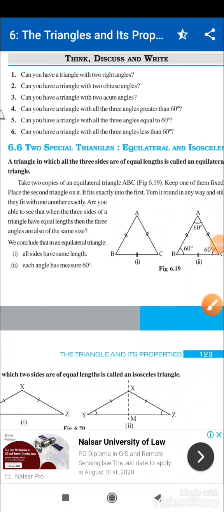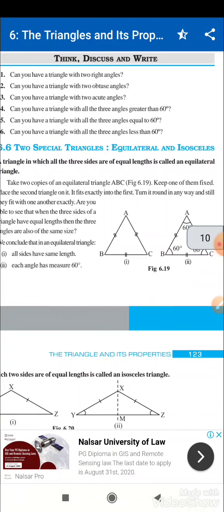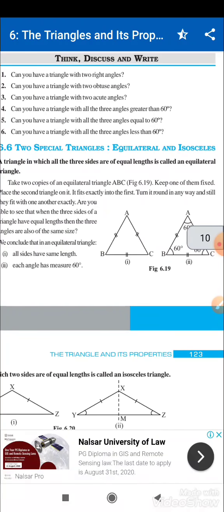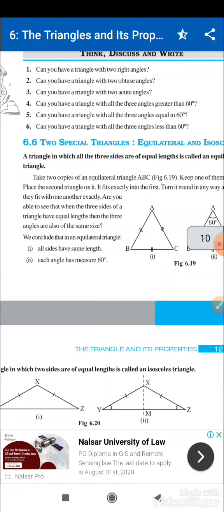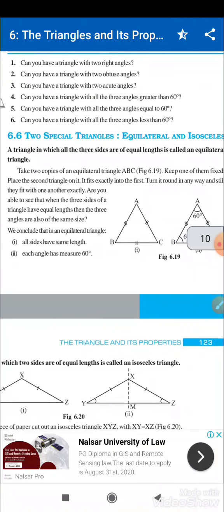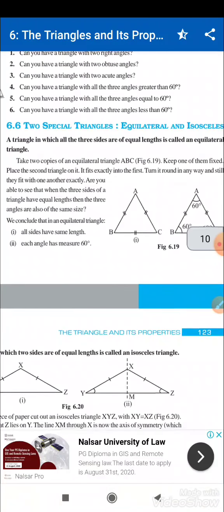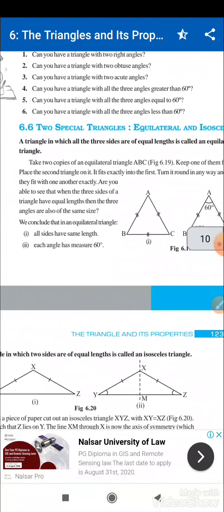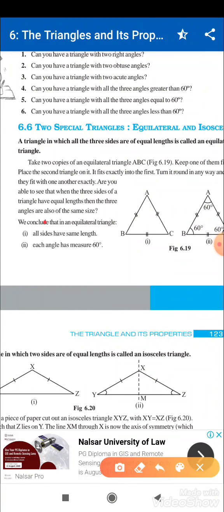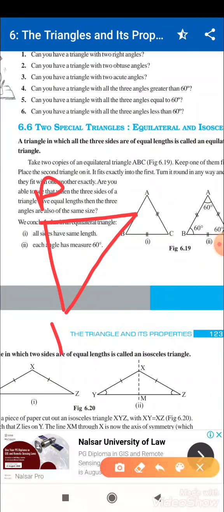Hello everyone. In this video we will discuss two special triangles, equilateral and isosceles. So we start with the equilateral triangle. A triangle in which all the three sides are of equal length is called an equilateral triangle. Now suppose that we have a triangle ABC.